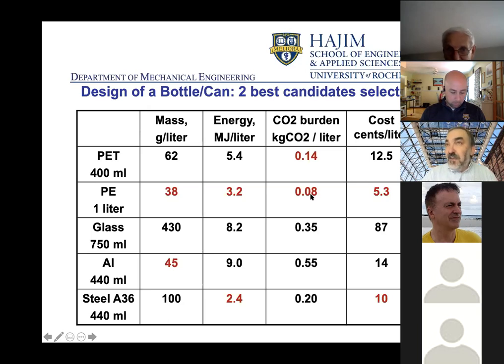On the other hand, if I'm very economic minded, if I want to see how much it will cost, say for 1 liter of milk or wine or soda or beer, whatever, the cheapest material is either PE or steel.